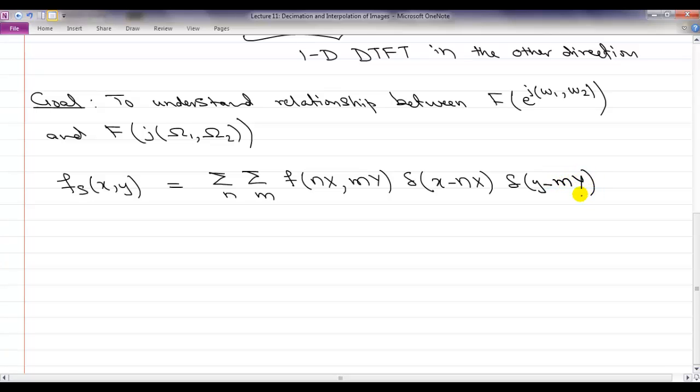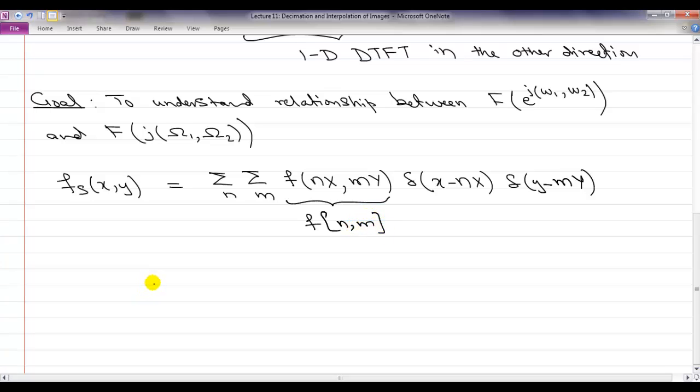All that this f_s(x,y) looks like is these nails sticking out of your plane with the height of each impulse being proportional to f(nX, mY). Right? But by definition, this f(nX, mY) is nothing but f[n,m].